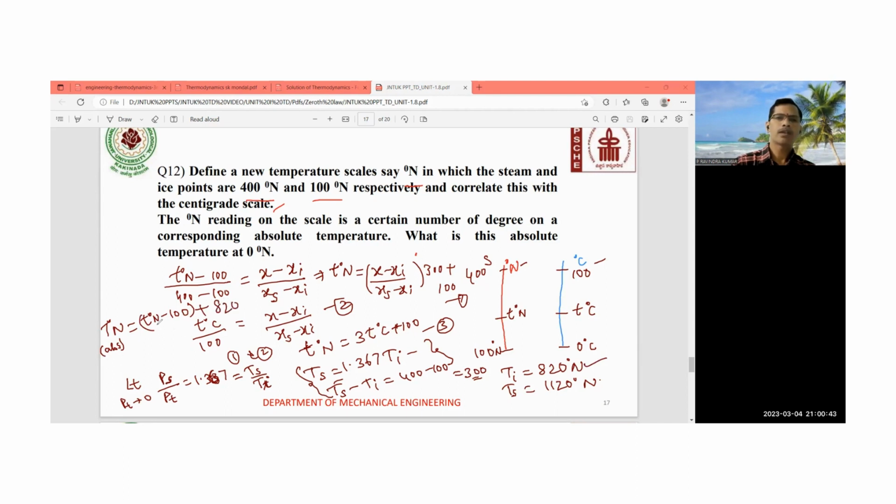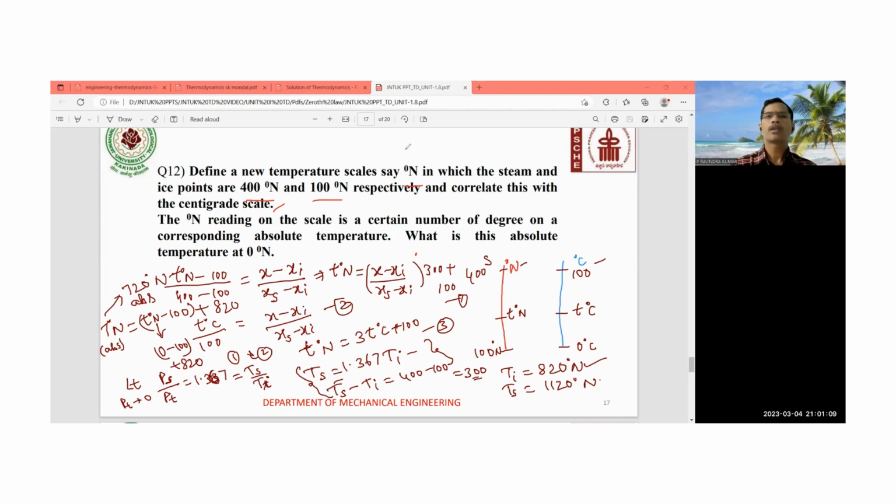But they have asked this at 0 degree. So 0 minus 100 plus 820. So you will get this T degree N value as 720 degree N absolute. So this is how you have to make the calculation.